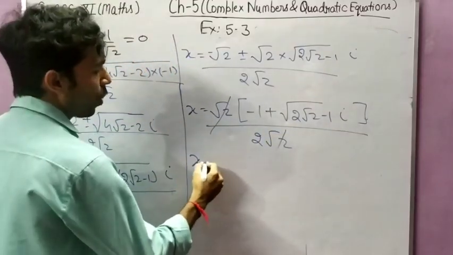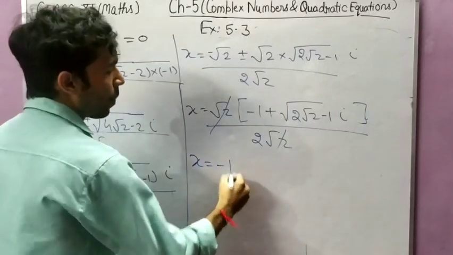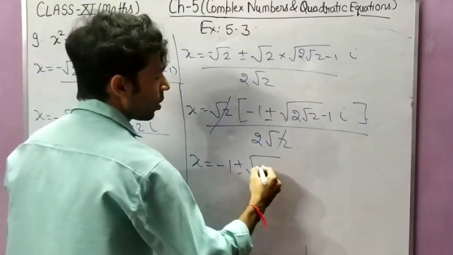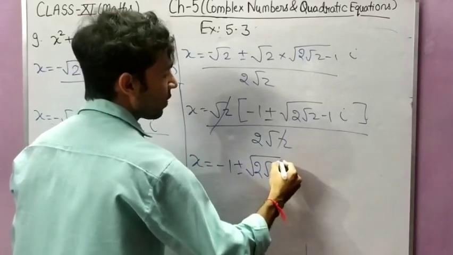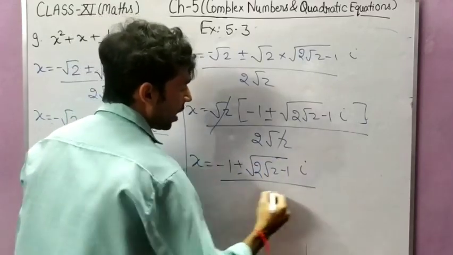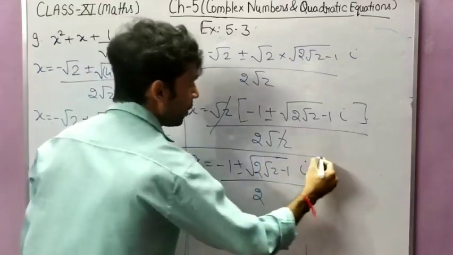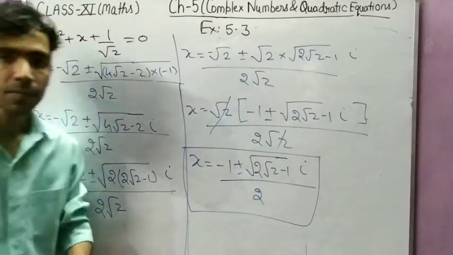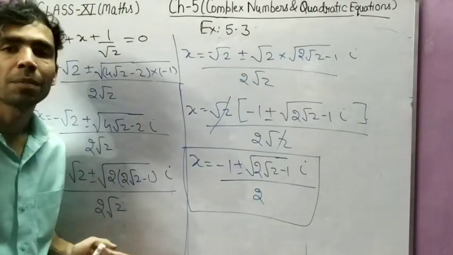So the value of x will be minus 1 plus minus under root 2 minus 1, outside i upon 2. That will be the solution of question number 9.